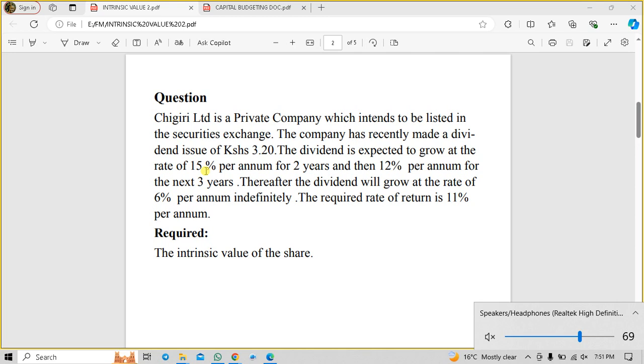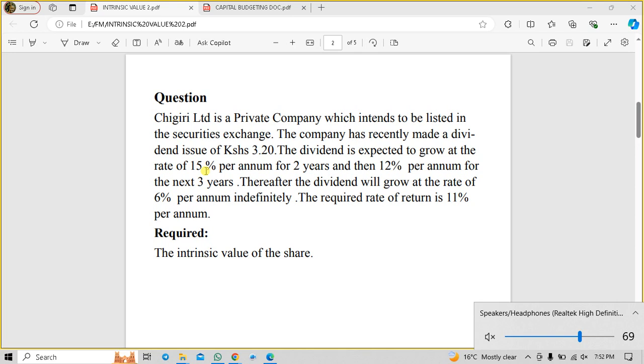So if we are looking at year 1 and year 2, we have a growth rate of 15%. And then the year 3, 4 and 5, the next 3 years, the growth rate will be 12%. Thereafter, the dividend will grow at the rate of 6% per annum indefinitely.